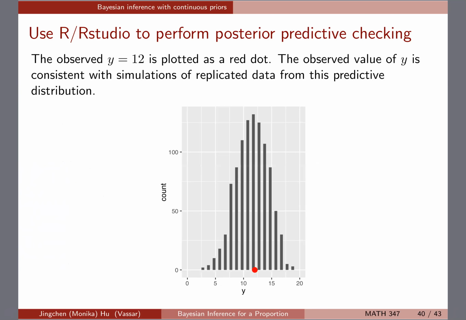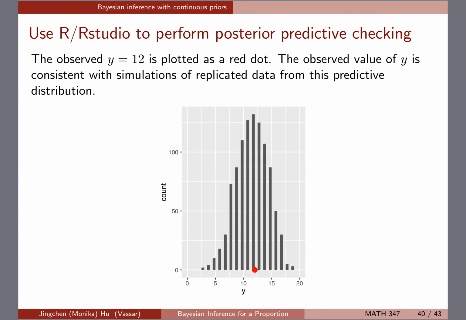As you can see, S is 1,000, so we have 1,000 new y tilde. I plot them using a histogram, and specifically, I plot the observed data, which is y equals 12, as a red dot in here. Pretty clearly, the observed data is commonly observed if you compare it to the posterior predictive distribution. So you can use this plot to say that my model is doing reasonably okay.